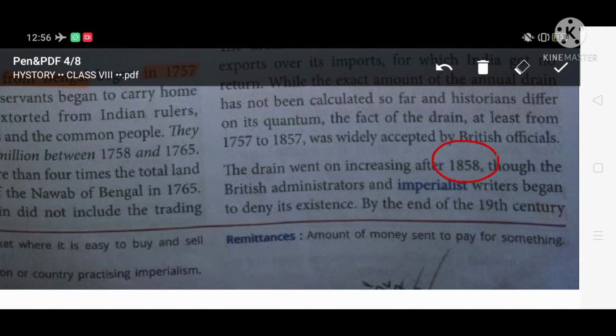Through the British administrators and imperialists, writers began to deny its existence. Imperialists are those persons who practice imperialism.